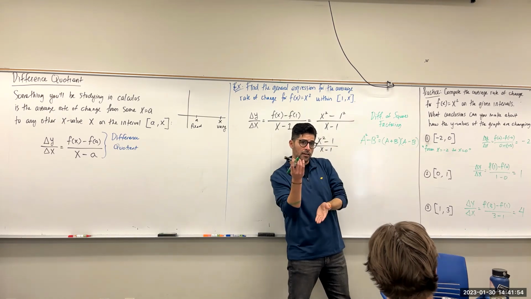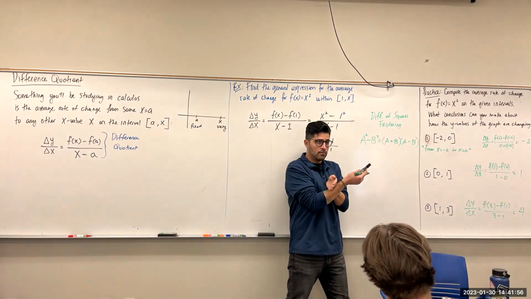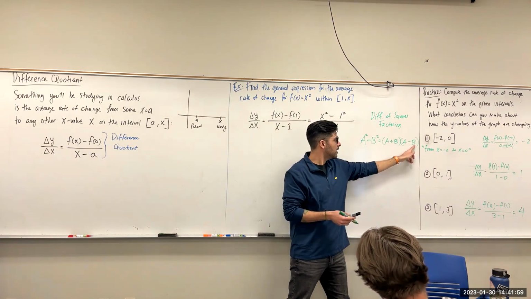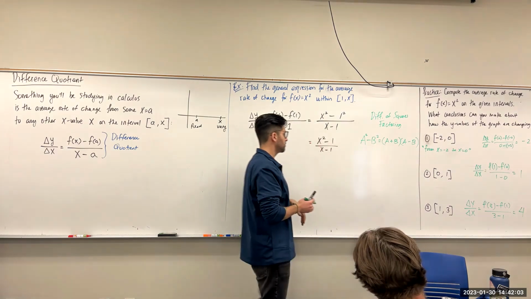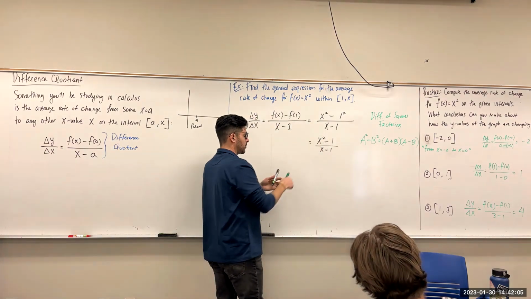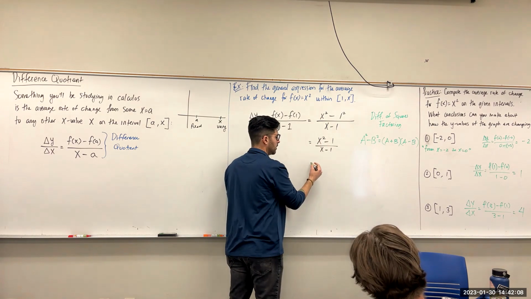So that negative ab and that positive ab cancel out. And then you got b times negative b to give you the minus b squared. Okay. So you're going to apply that factoring method to your numerator.